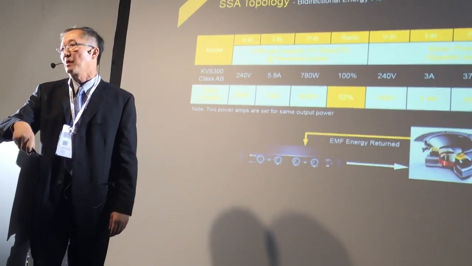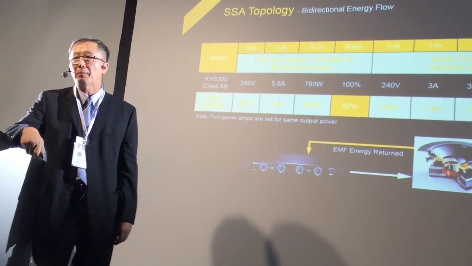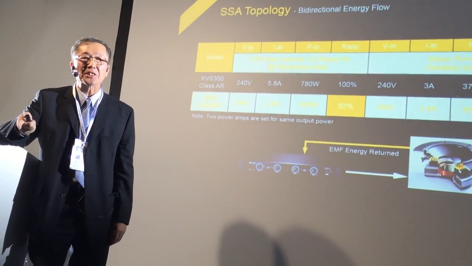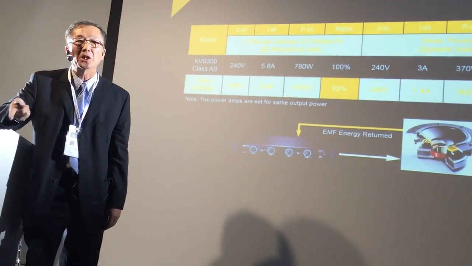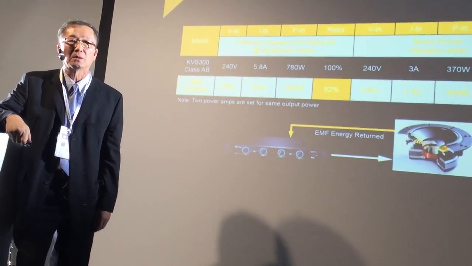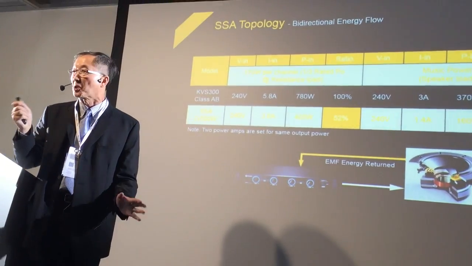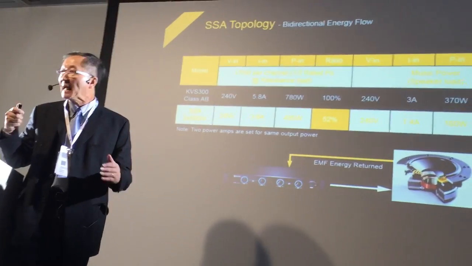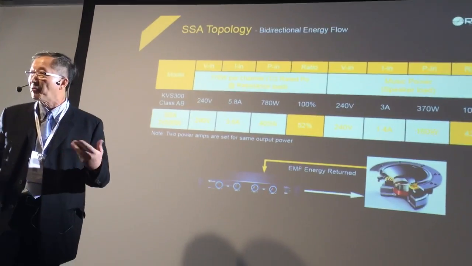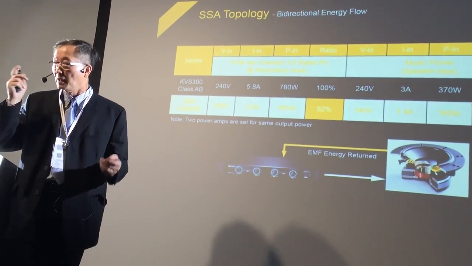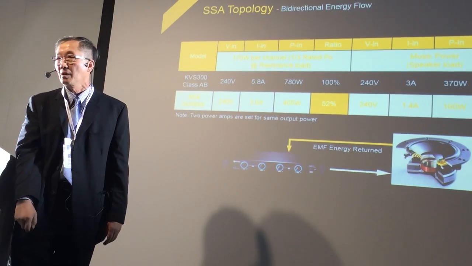Also, in high power applications, the energy is so large it can destroy the amplifier. At certain frequencies, the energy becomes so large the amplifier fails. That's one of the reasons.